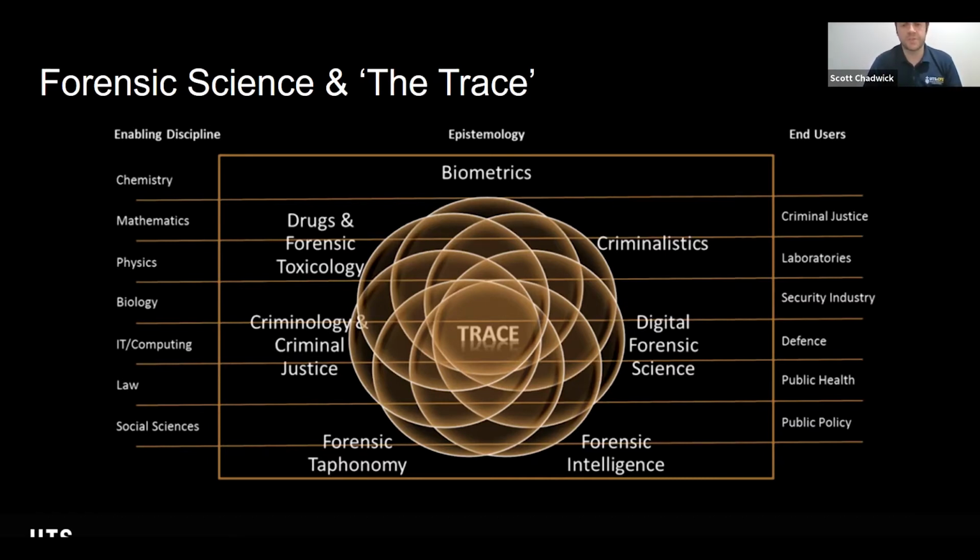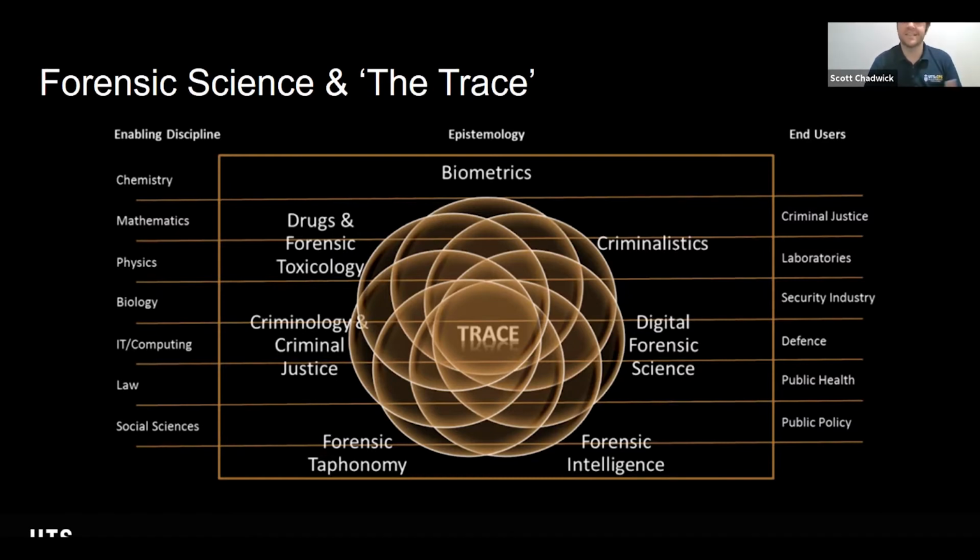Now, in order to have a good understanding of drugs and forensic toxicology, we might need some aspects of chemistry. Chemistry is going to help us understand how drugs are going to be made or manufactured. The biology is going to help us to understand how drugs interact with the body and how people might be adversely affected by taking different drugs.